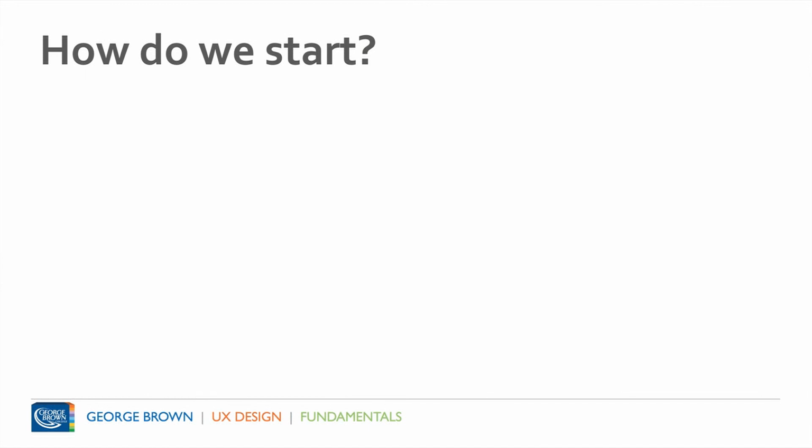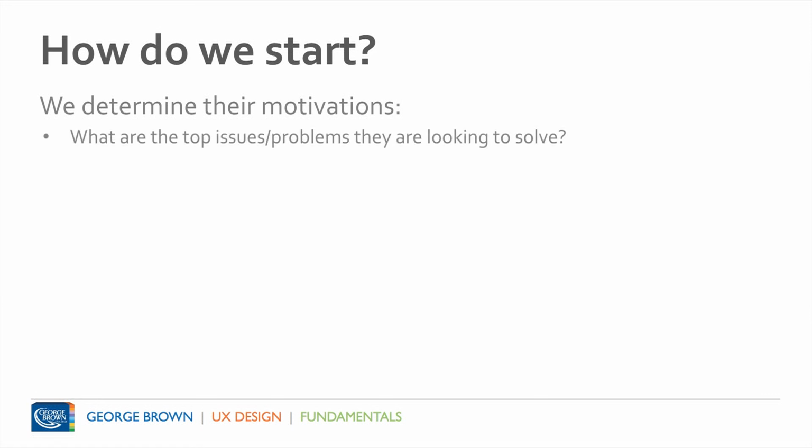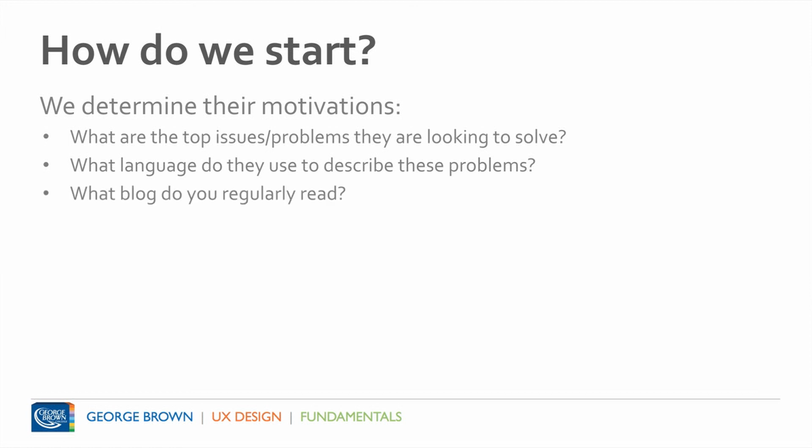Next, we need to determine their motivations. What are the top issues or problems they're looking to solve? What language do they use to describe these problems? What blogs do they regularly read? Who do they follow on Twitter?